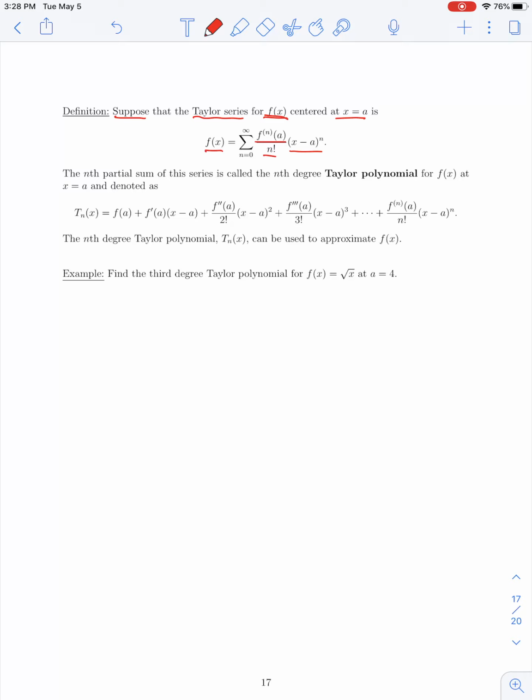So if we want to approximate the sum of a power series, we could use an nth partial sum approximation. So here the nth partial sum of a Taylor series is an nth degree polynomial called the Taylor polynomial for that function f of x at x equals a.